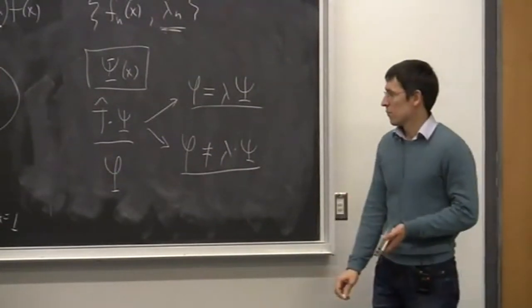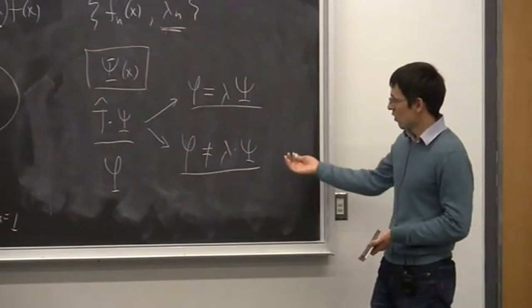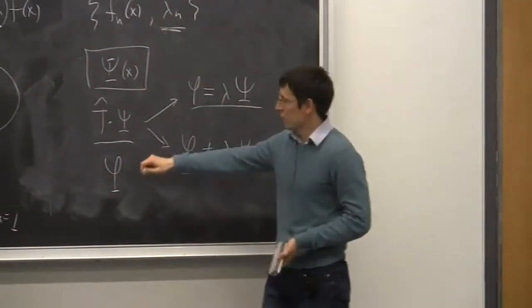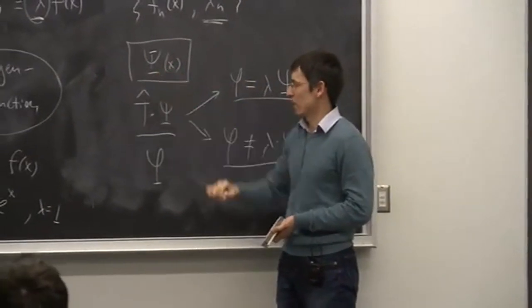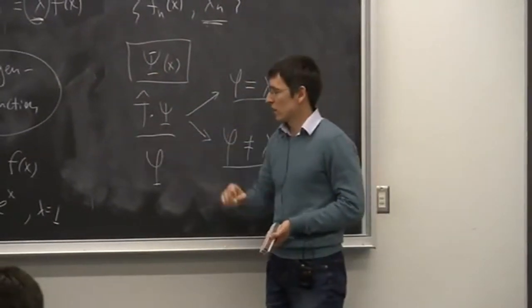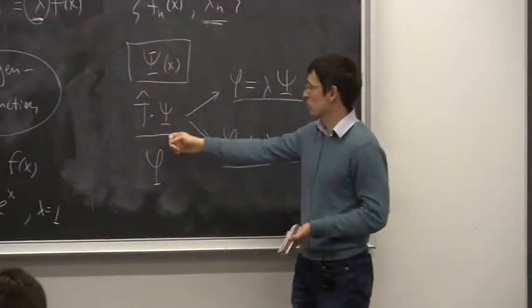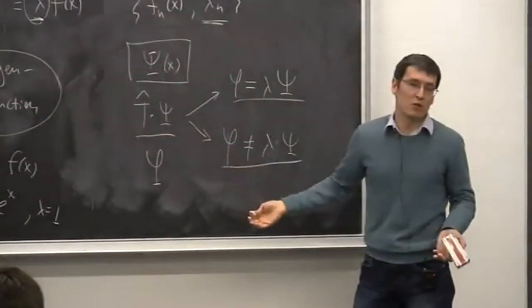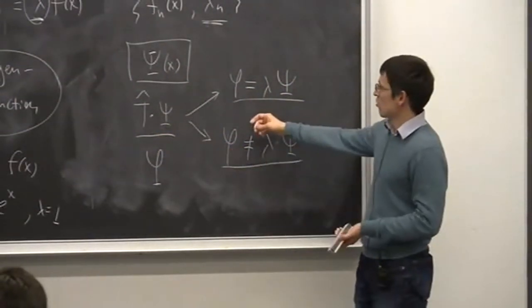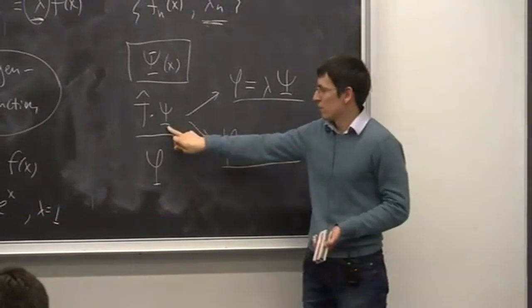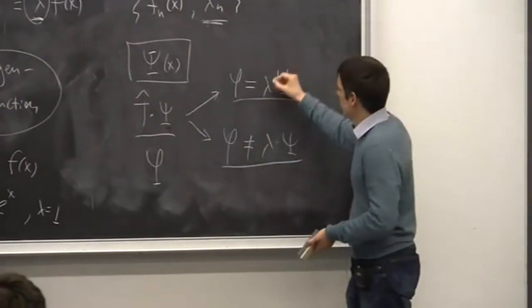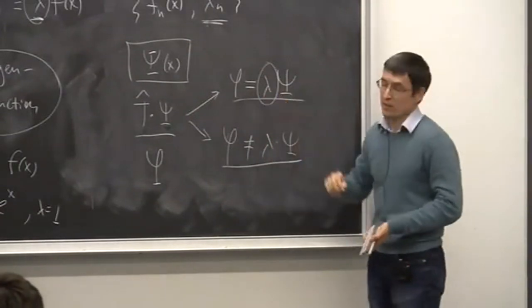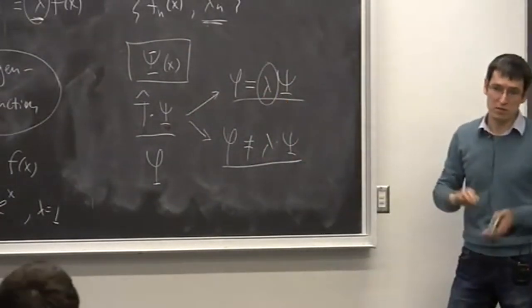Because after all, we want to know if we take a system which is in a state psi of x, and we measure kinetic energy in this situation, what will be the result of this measurement? It turns out that if the wave function is an eigenfunction of our operator, then the result of the measurement is just an eigenvalue. So that's very simple.